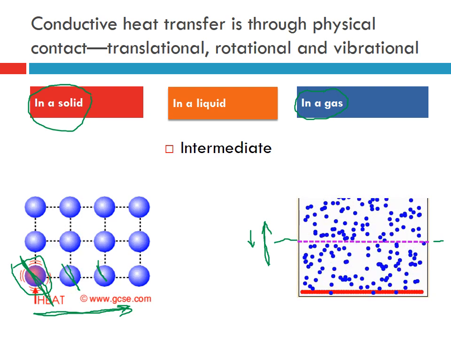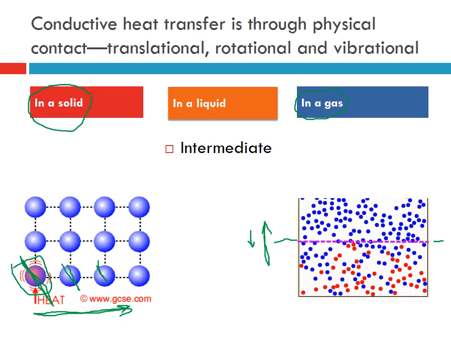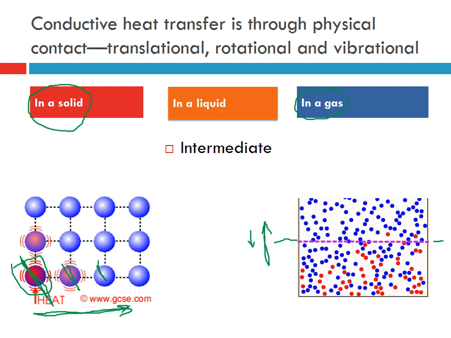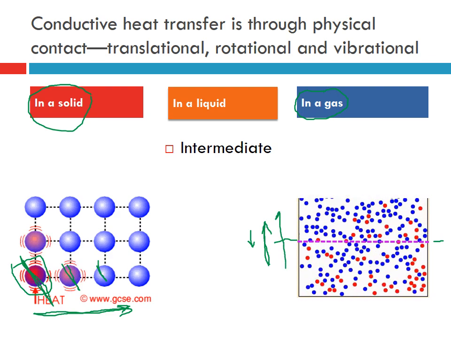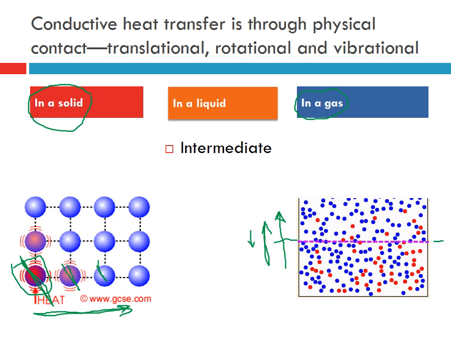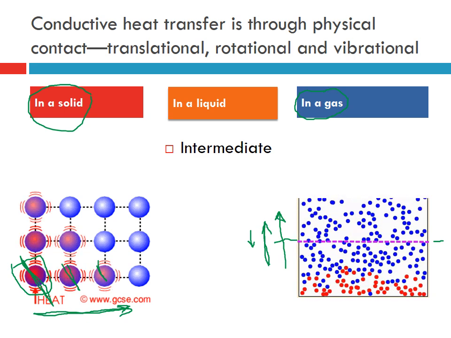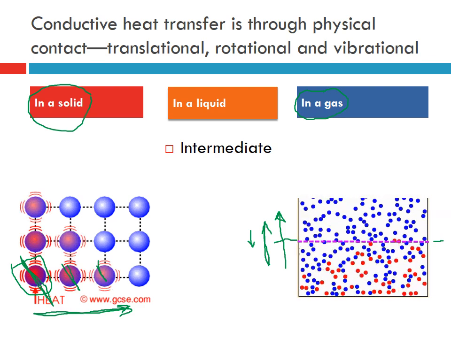But in this process, because the reds have higher energy, energy is being transferred from the bottom to the top. And so this is the process of heat conduction in a gas.